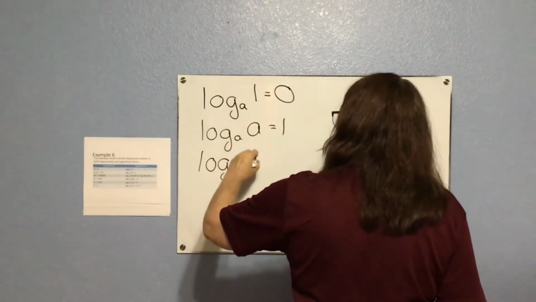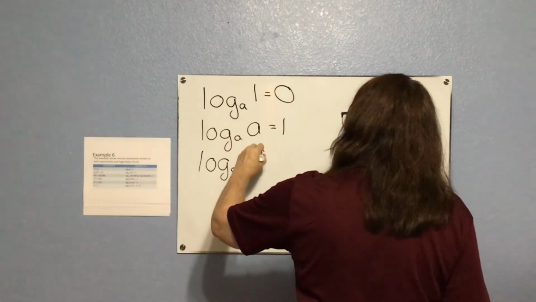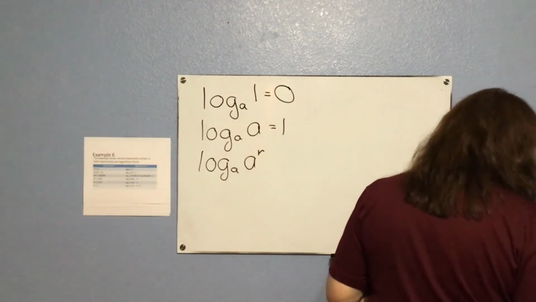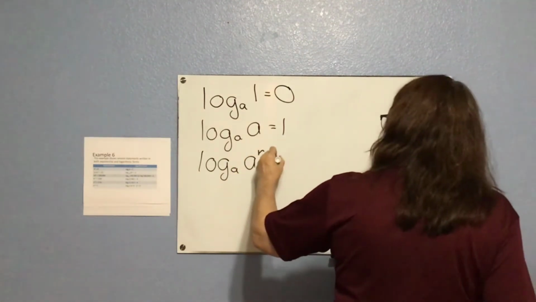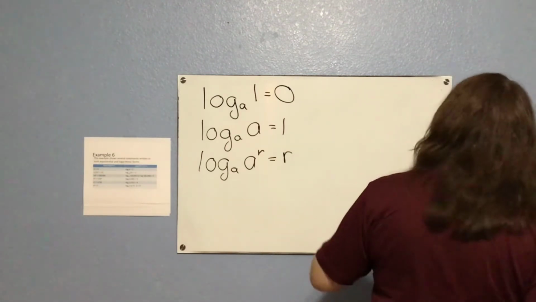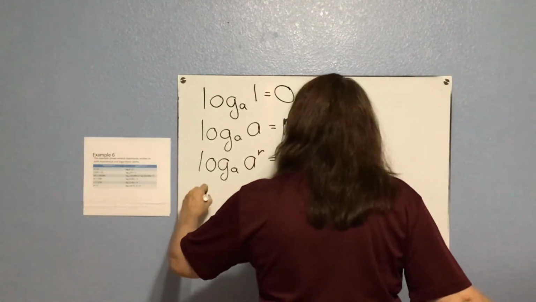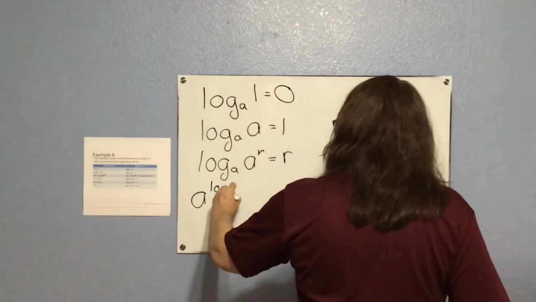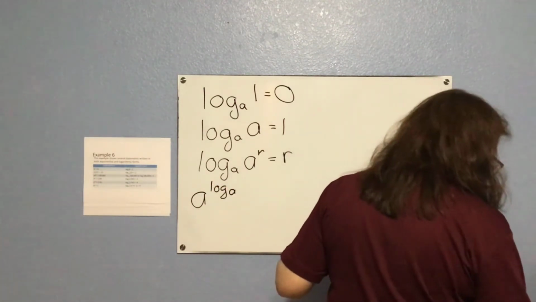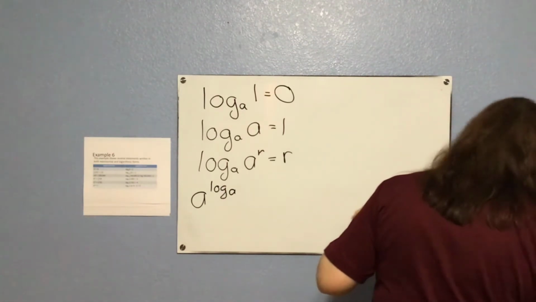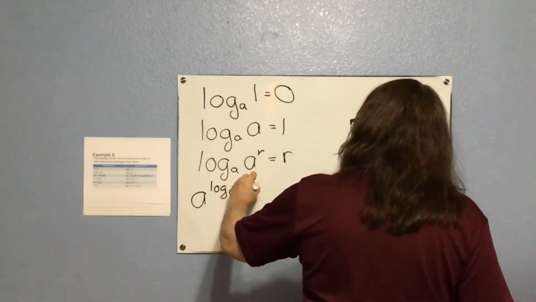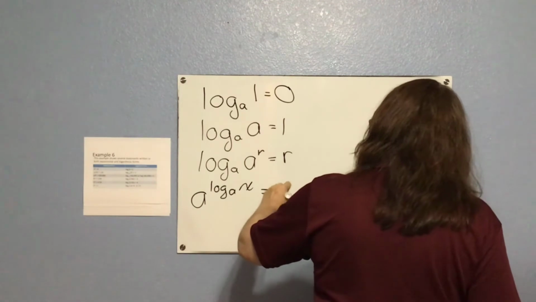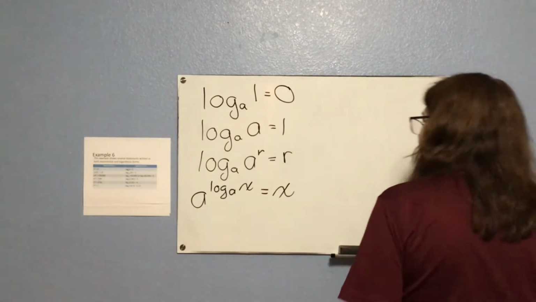Log base a of a to the r is just r. And a raised to the log base a of x equals x.